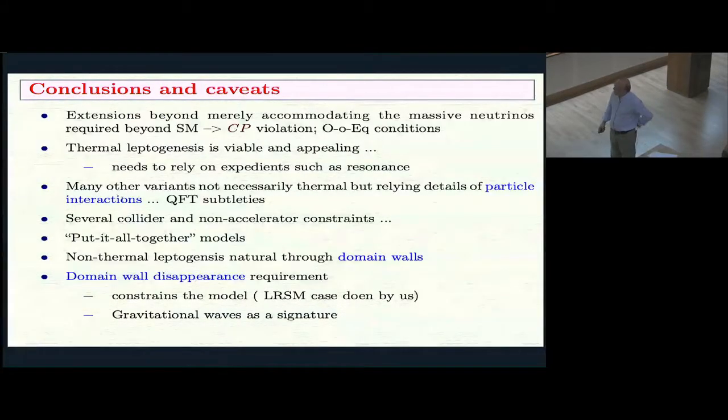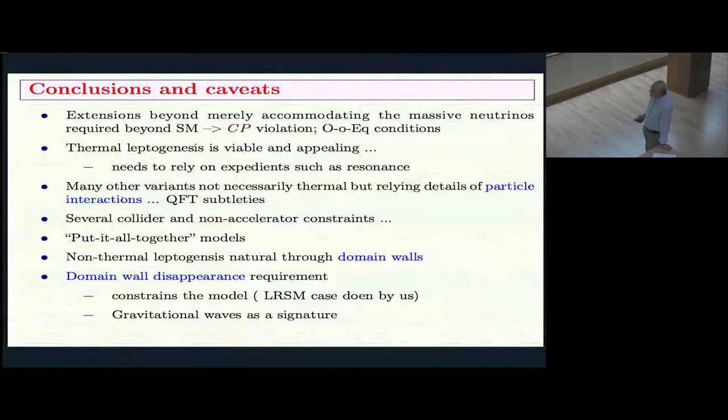So I will now just go over the conclusions. Extensions beyond the standard model accommodating massive neutrinos are required, that's the minimum. And then you would require CP violation, which may come either from the interference of diagrams or from domain walls. And you have to ask how the out of equilibrium conditions come. Thermal leptogenesis is certainly viable and appealing, but needs to rely on resonance and effects of this kind.